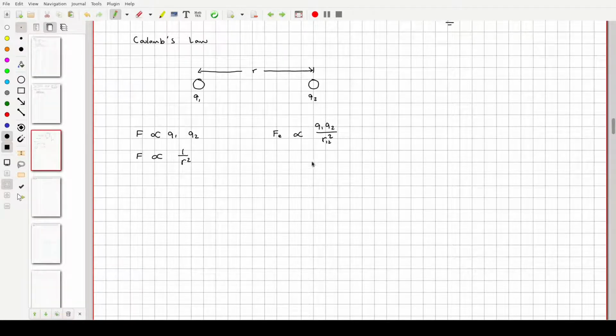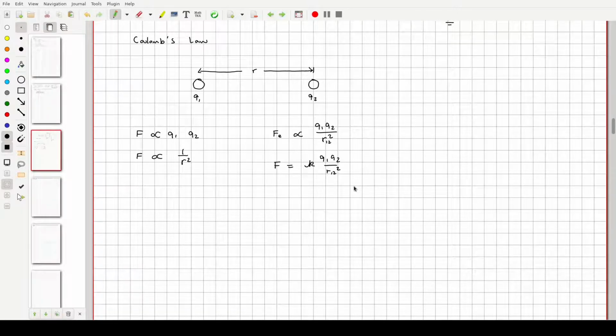Okay? Now, Coulomb originally found a constant of proportionality that we call kappa, or K: K Q1 Q2 over R12, where R12 is the distance between them.